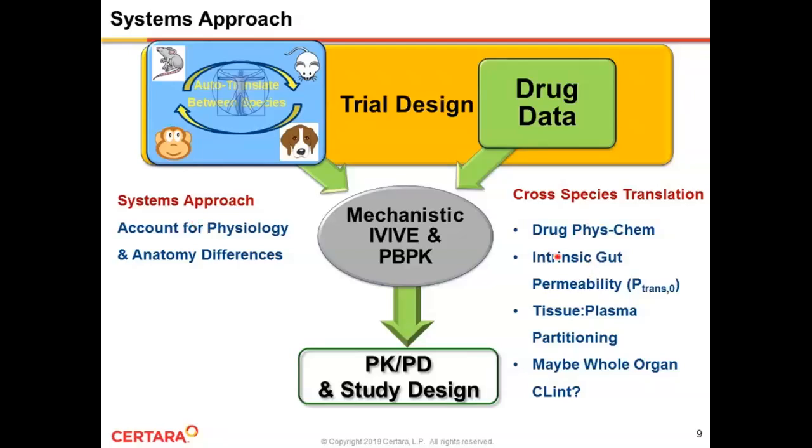So for example, your drug physicochemical parameters, or let's say your intrinsic permeability in the intestine, or the partitioning of the drug into the tissues, etc. These are certain parameters that can be readily translated. Maybe sometimes the whole organ metabolic clearance can be translated, but I'm not talking about enzyme kinetics here. So you can see here there are some parameters that can be translated.